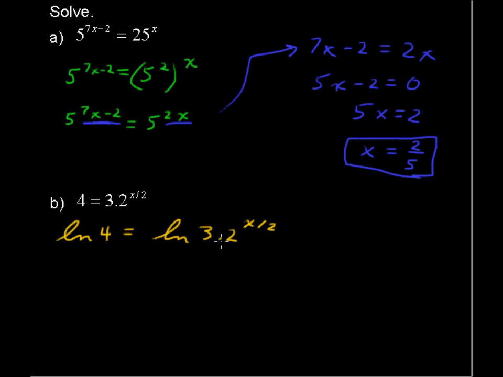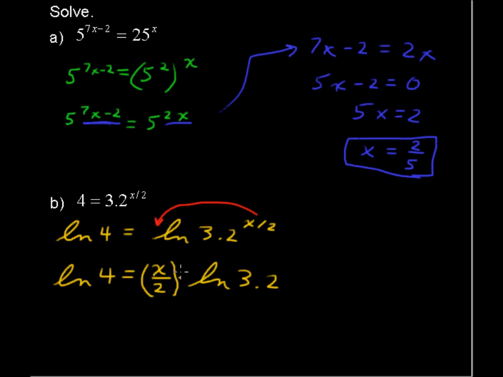By properties of logarithms, we can also say that this x over 2 can be put in front or multiplied by this logarithm. So I'll rewrite that as the natural log of 4 equals x over 2 multiplied by the natural log of 3.2. Now we're going to take some steps to isolate this x.